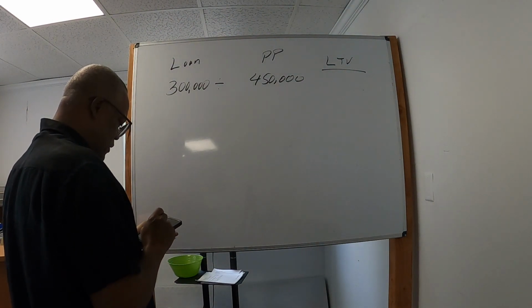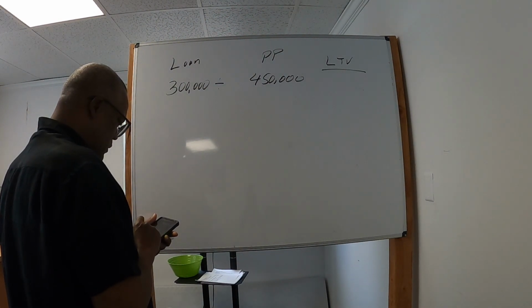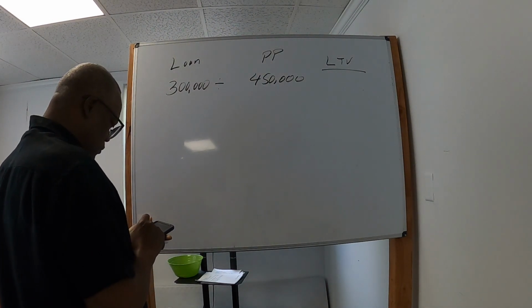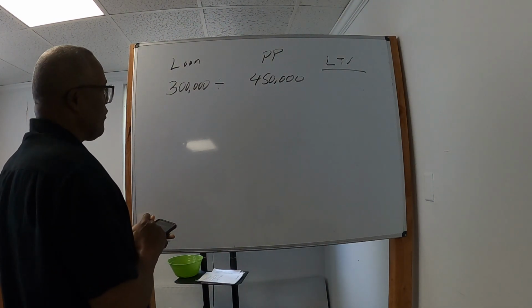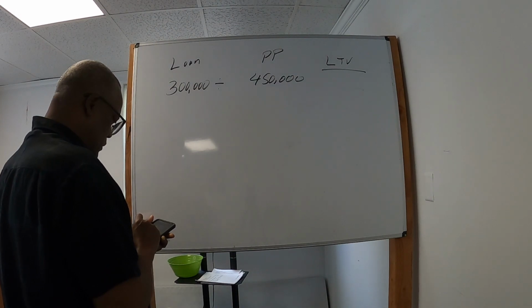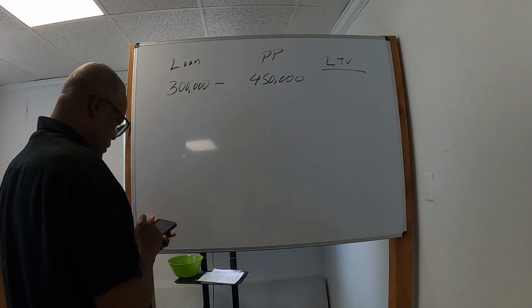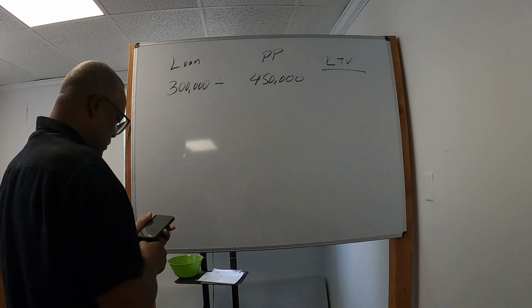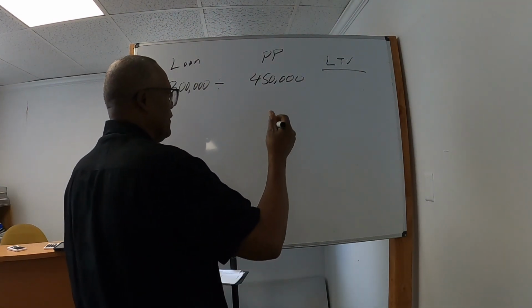Calculator: 300,000 divided by 450,000. It comes up to the same thing, 67%.